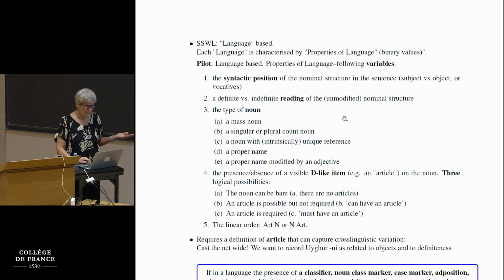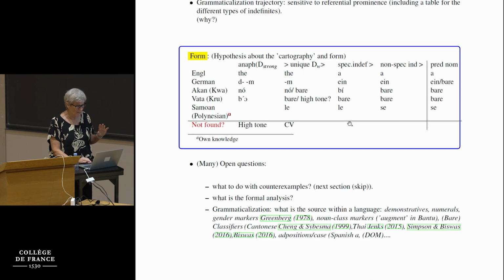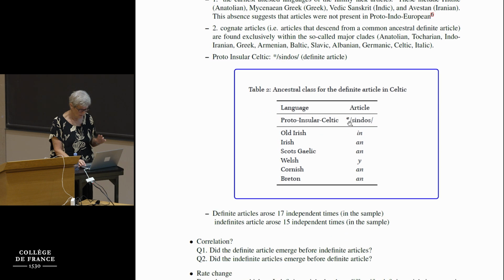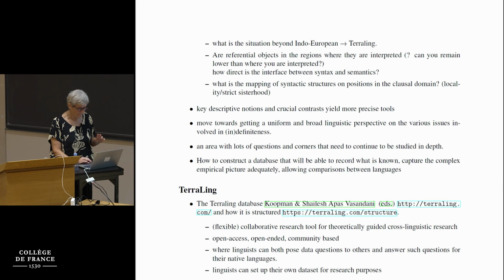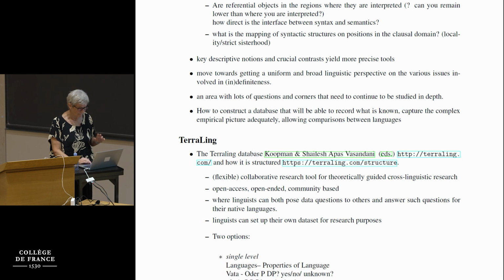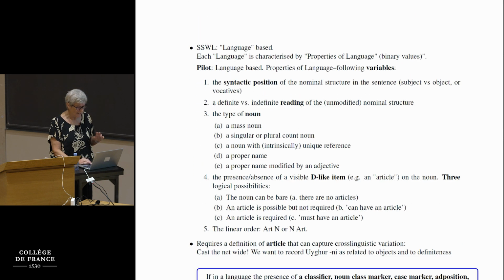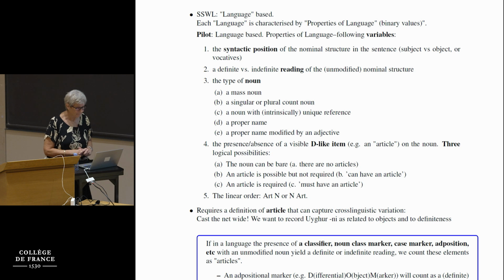One of the variables currently in the database has to do with what position the noun phrase occupies. Is it a subject or a direct object, or what happens with vocatives?